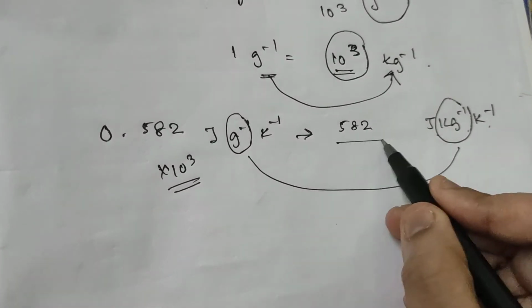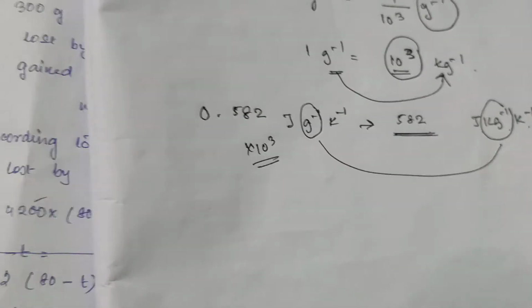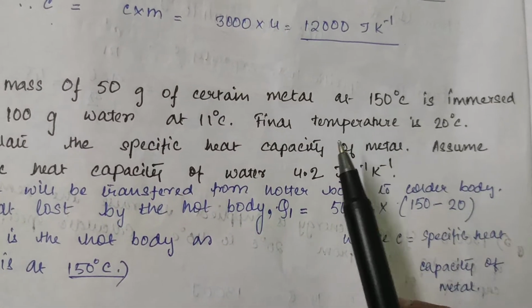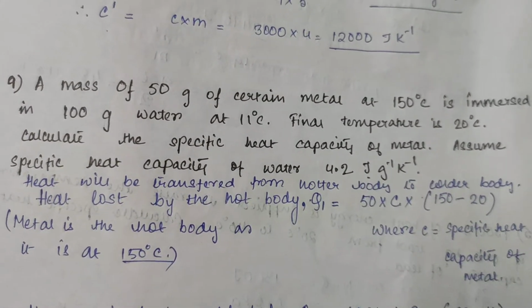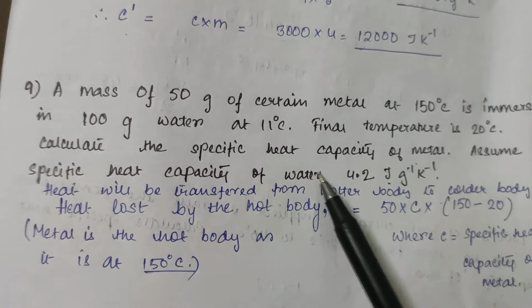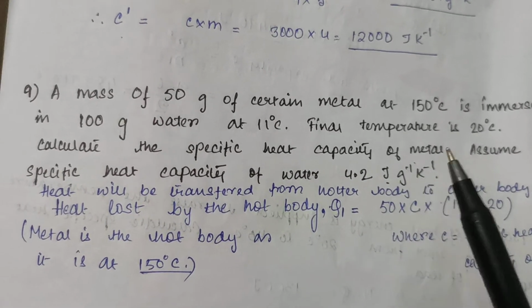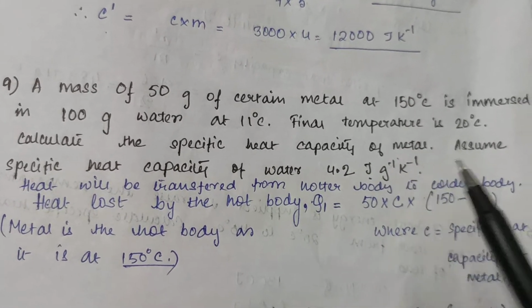Similarly, suppose you wanted to keep the answers in joule per kg per Kelvin. So you have decided to convert in this step, that means before starting the sum, I want to convert the specific heat capacity of water. Let's see.